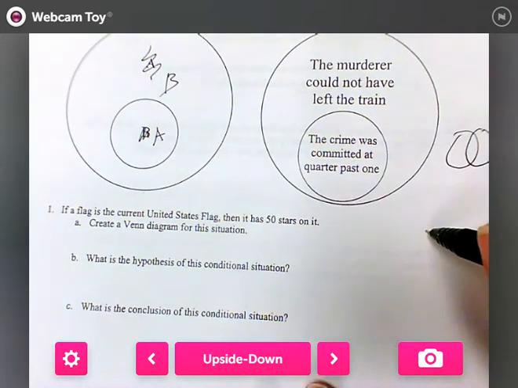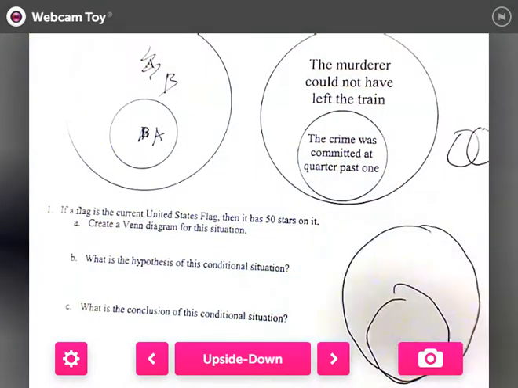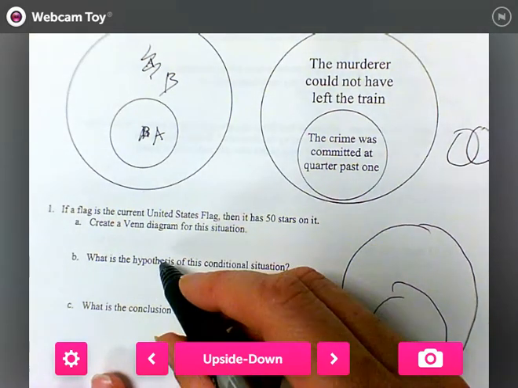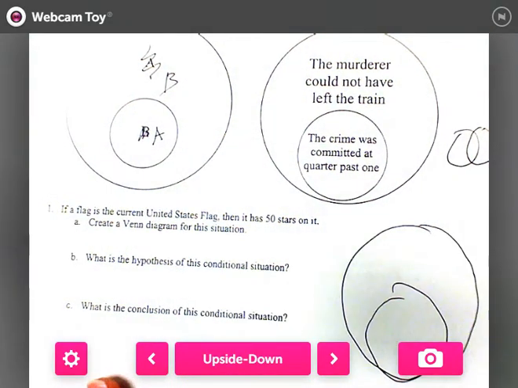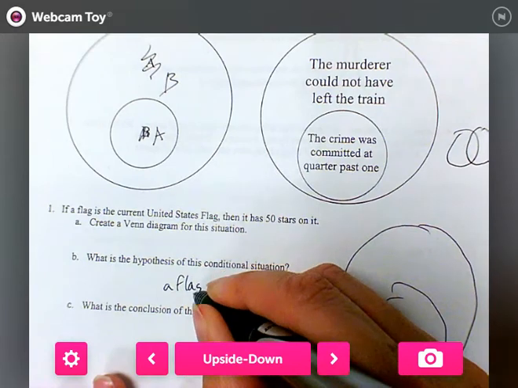If a flag is the current United States flag, then it has 50 stars on it. What is the hypothesis of this statement? A flag is the current flag.